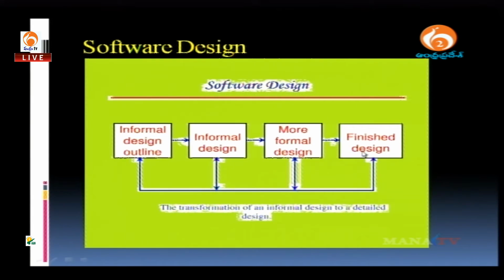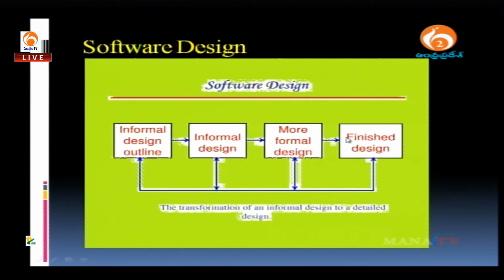If there are any changes, it comes back to informal designing. After doing that, again it goes to finished designing. If any changes are required for any meetings, some more formal designing will be done, and this is the final designing. Once formal designing is finished, next it is called the finished design.